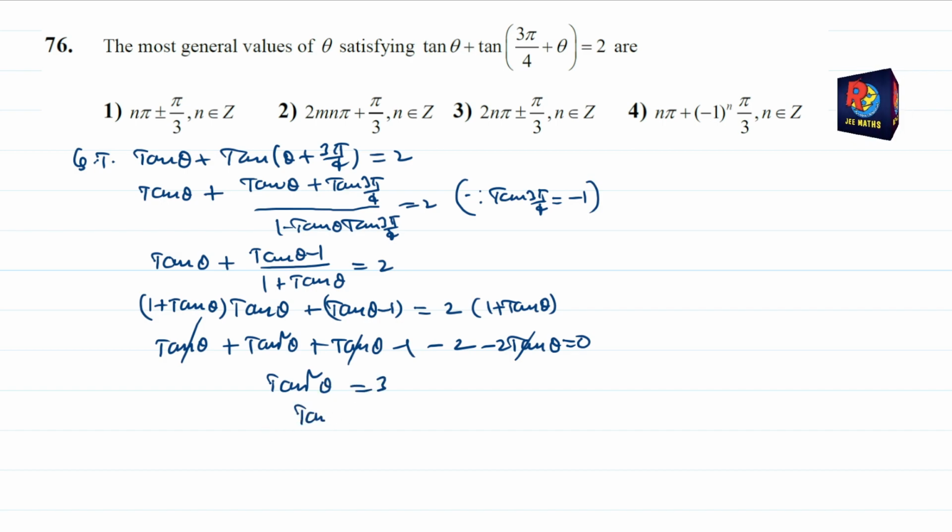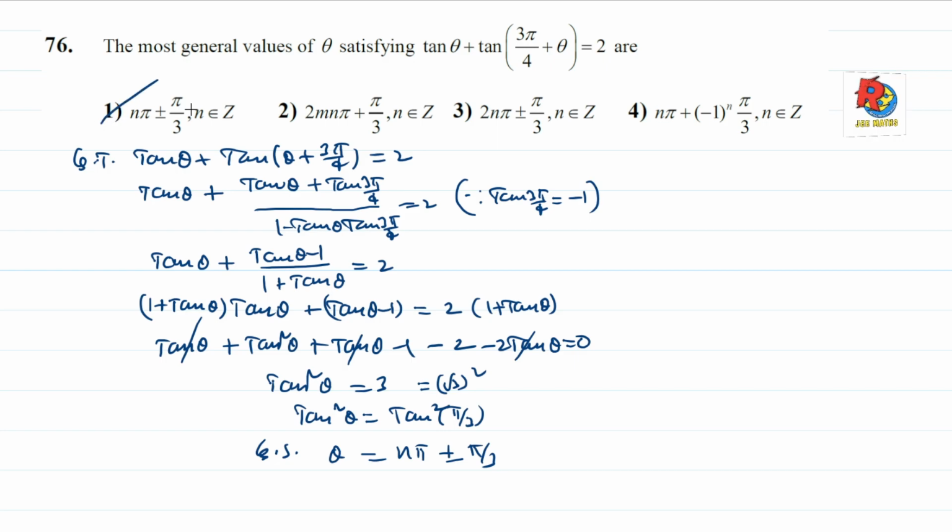So I can write tan square theta equals root 3 whole square, tan pi by 3 whole square, tan square theta equals tan square alpha. Then the general solution is theta equals n pi plus or minus pi by 3. So the first option is the correct answer.